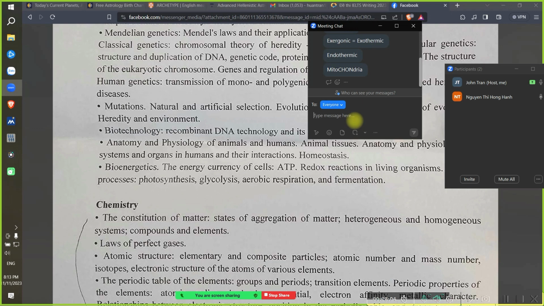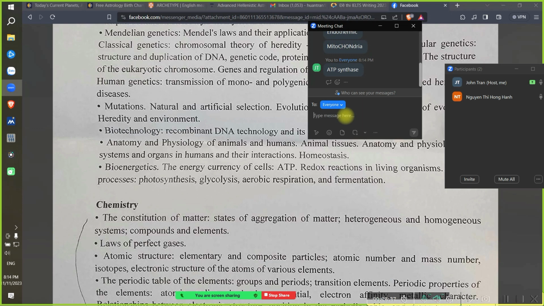And I want to talk briefly about how ATP is made. We have an enzyme called ATP synthase. It's an enzyme that synthesizes ATP.